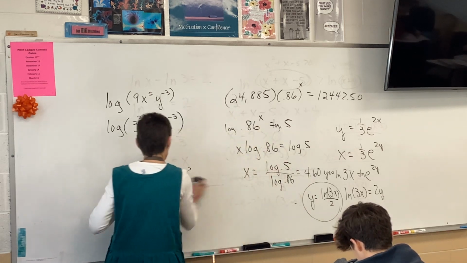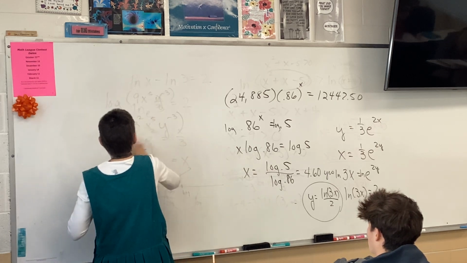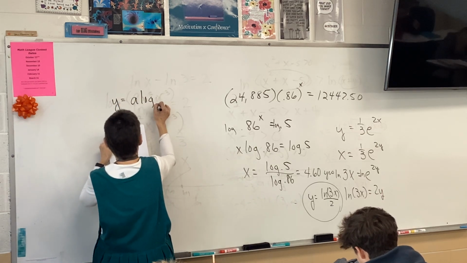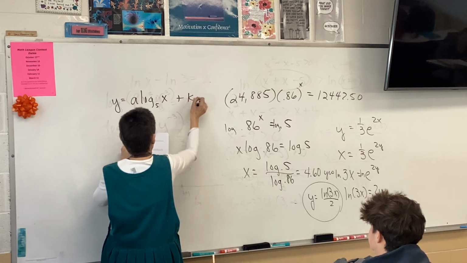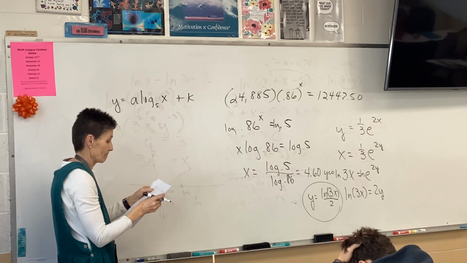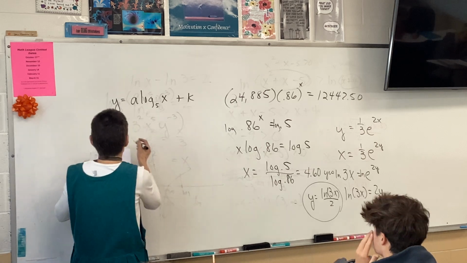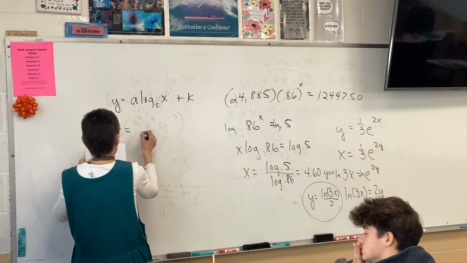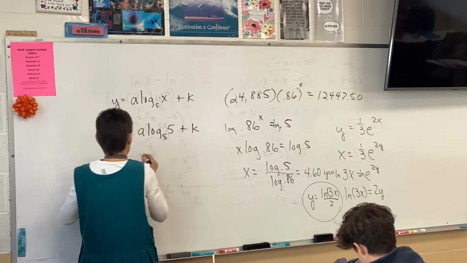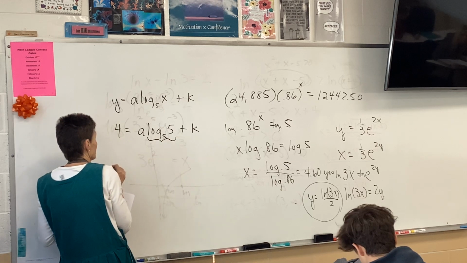Find the missing things. All right, what do you think? What are we going to do here? Plug in the coordinates. So 4 equals A log 5 plus K. By the way, what's log base 5 of 5? 1.